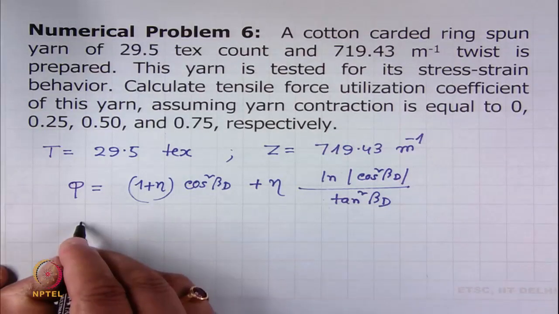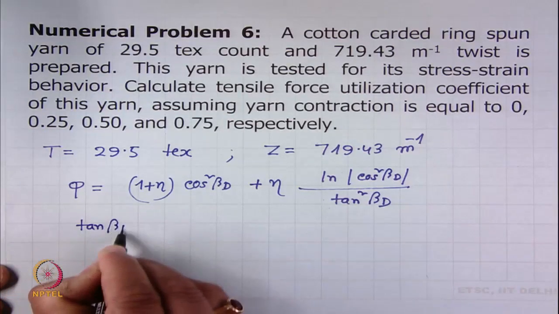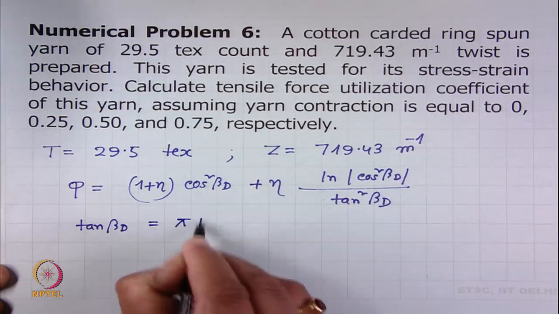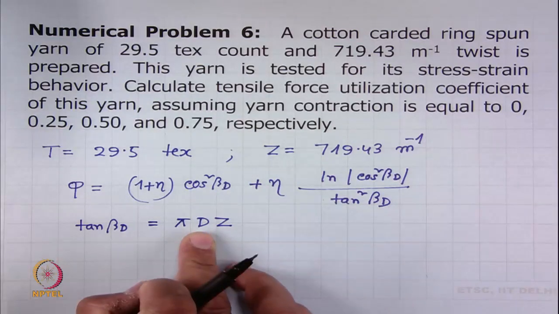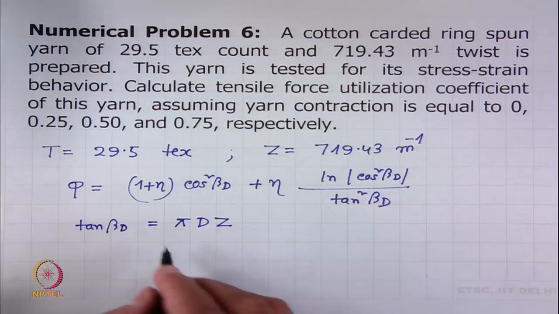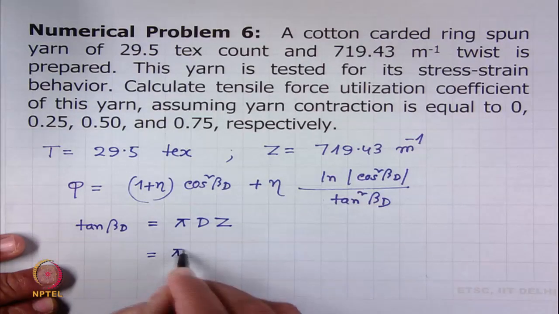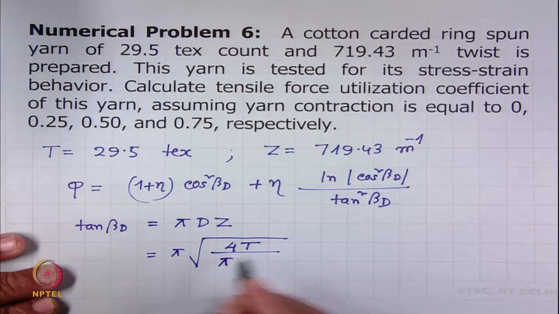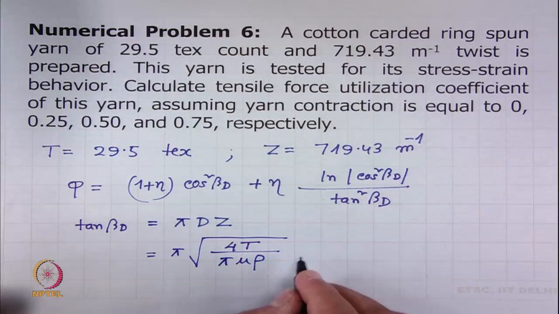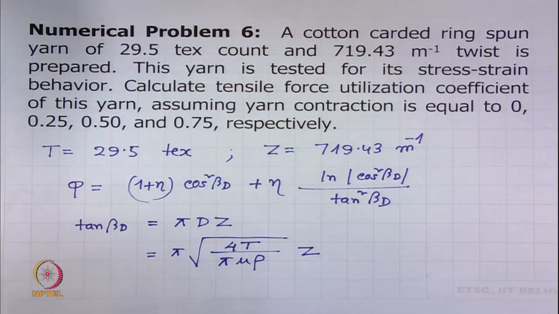Now, tangent of beta d is equal to pi times d times Z. Z is given, d is not given. What is d? D, as we know, is 4 times root over 4 times T by pi mu rho into Z. T is given, rho is for cotton fiber, so rho we can consider 1.52 gram per centimeter cube. Mu is not given.